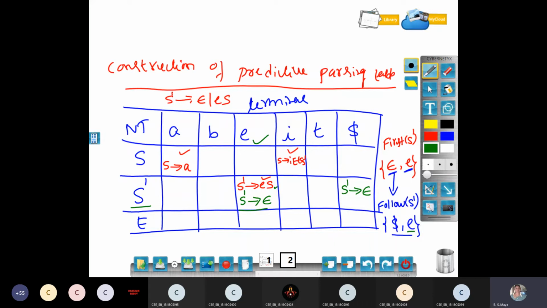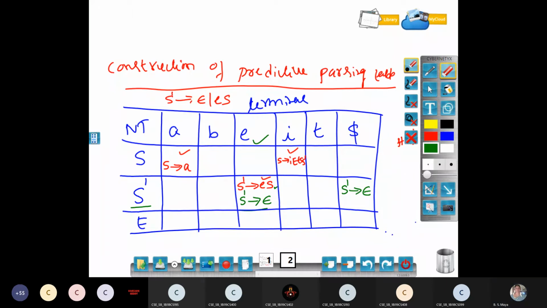Then move on to E, which is a non-terminal. For that E, what is the first of E? I have to copy down the first of E first. First of E should be only i. Then I have to write in the space what the production of E is.